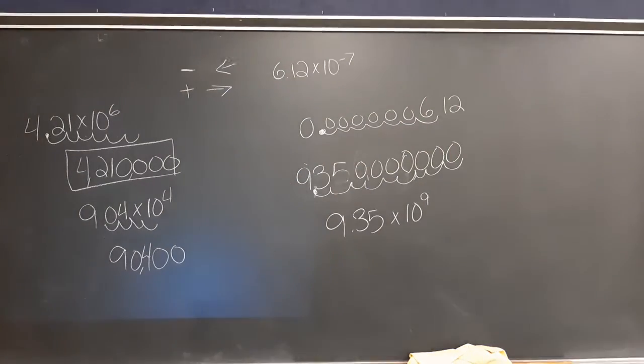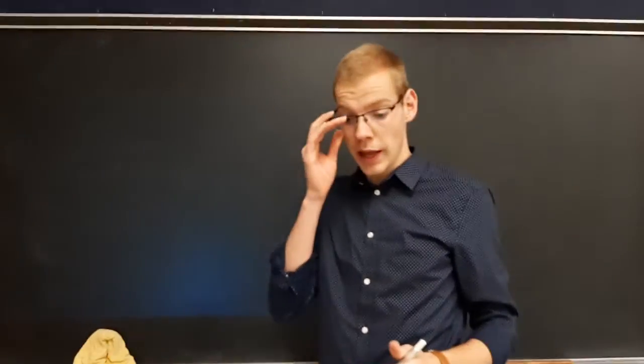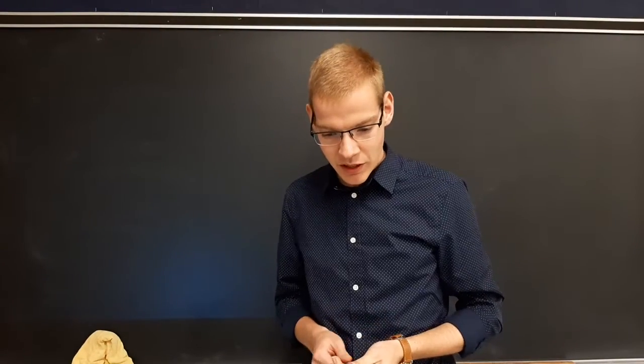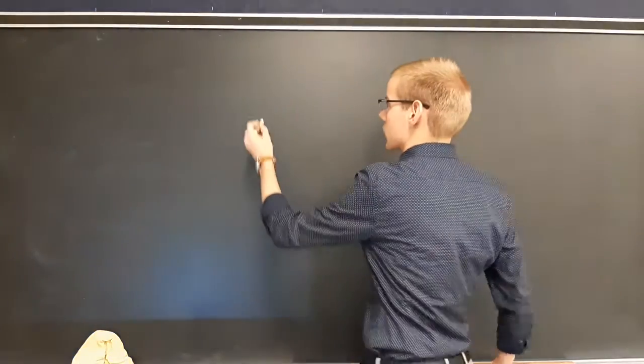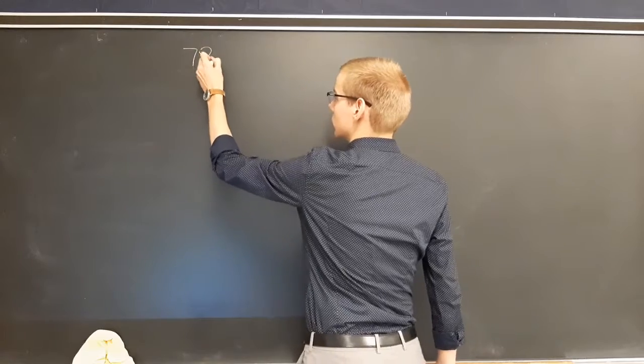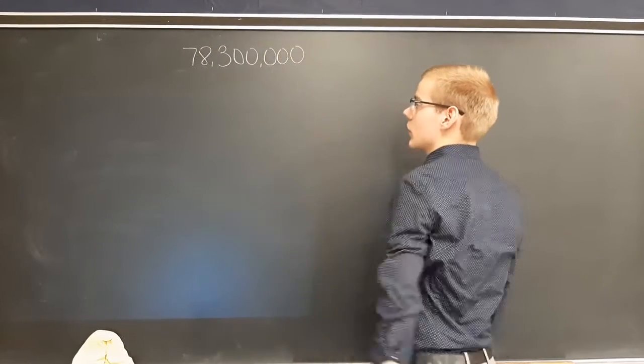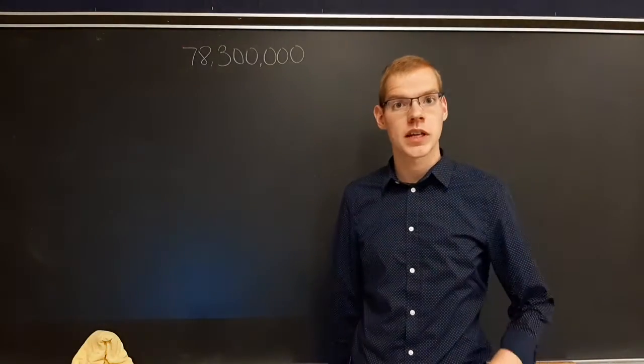Now, let me erase this. On to number 3. Number 2, A and B, you can do on your own. Number 3, we have 78,300,000. So, how do we change this to scientific notation?